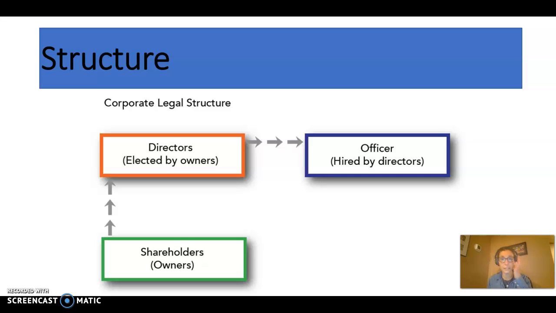This is what they do on a day-to-day basis: running the company, signing contracts on behalf of the company, maybe hiring and training employees, visiting with banks, visiting with vendors. The directors are not involved in that day-to-day running of the business. The directors likely have other responsibilities. Being a director of a corporation is unlikely to be your full-time gig, unlike an officer, where it is.